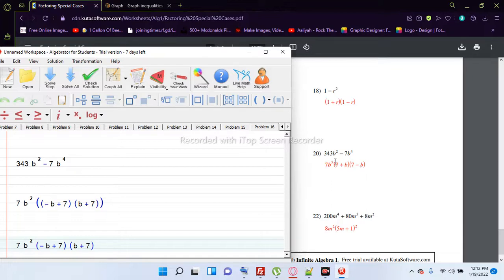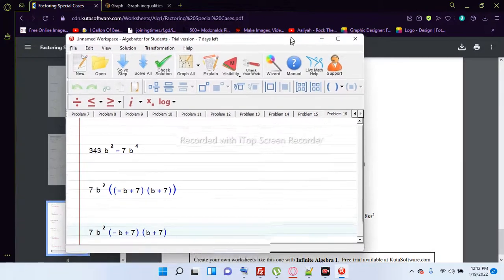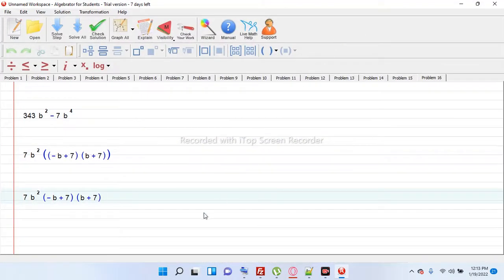And it's 343b squared minus 7b to the fourth. Why did that come out correct? Let's see.